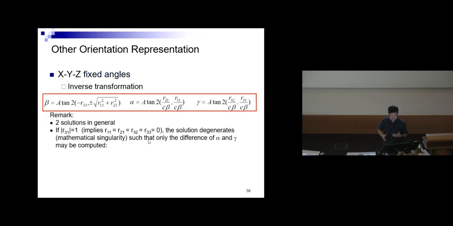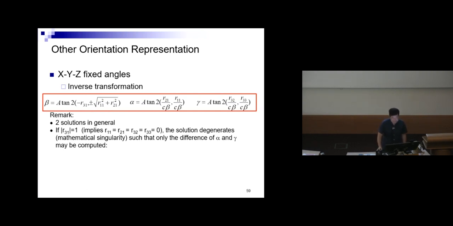So with that, the inverse transformation will give you the solution for the three unknowns: beta, alpha, and gamma. But actually, if you look at it, you can have two solutions, with the plus or minus square root of R11 squared plus R21 squared.